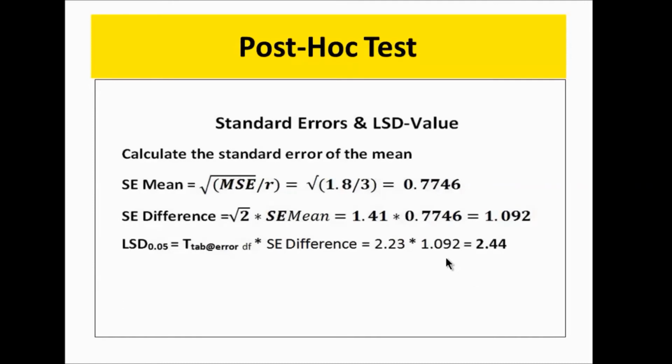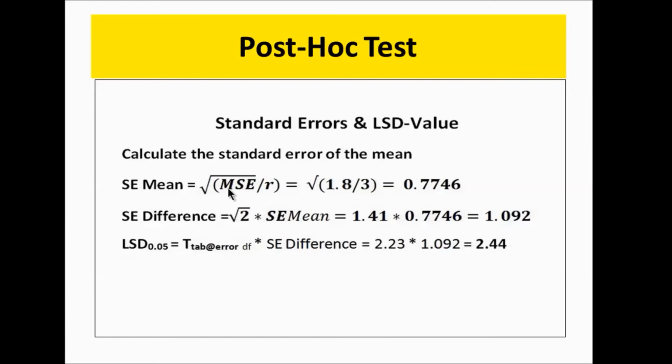In this post-hoc test, the first thing that we have to do is to check the standard errors, and in this case we'll be using the LSD, least significant difference, technique. So how do we start? First, we calculate the standard error of the mean. So we have the simplified calculation.